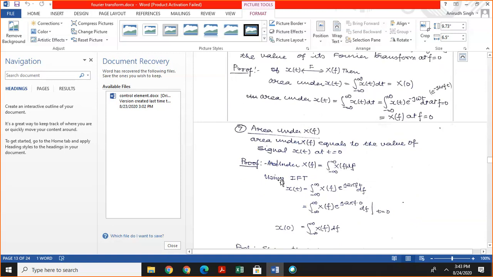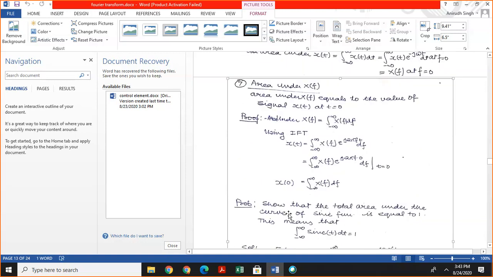And if we use the IDFT, x of t is given by integration minus infinity to plus infinity x of f exponential j 2 pi f t df. If in this expression t is 0, then this exponential 0, the value of exponential 0, is 1, and this is the area of x of f.